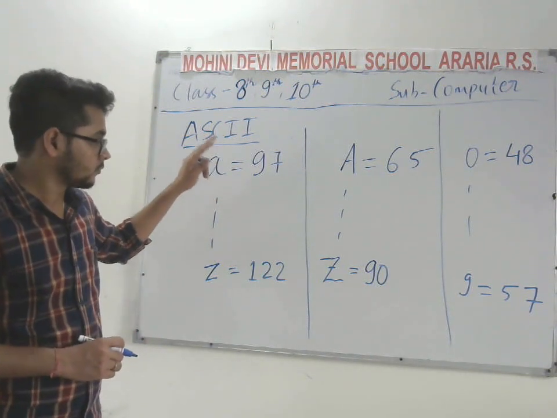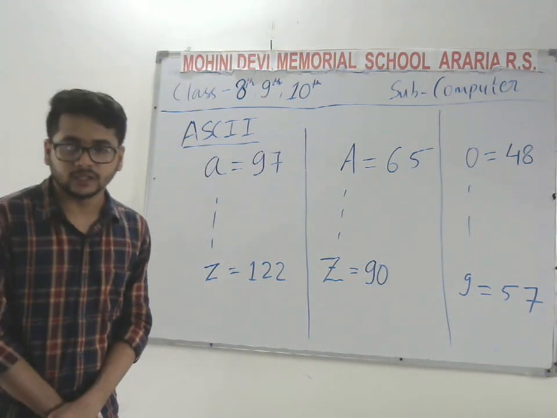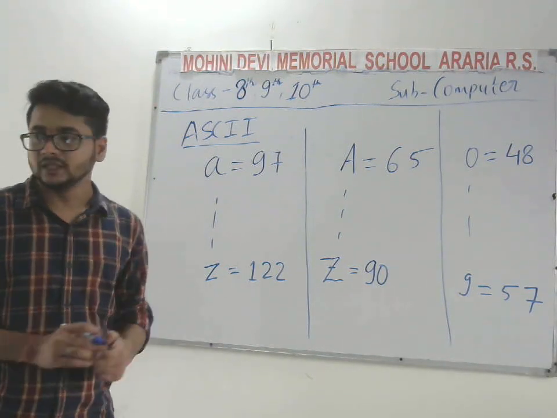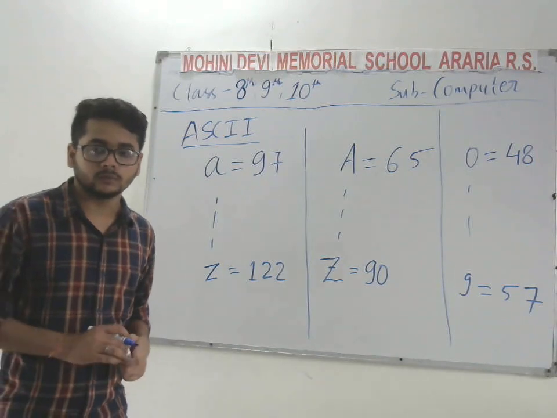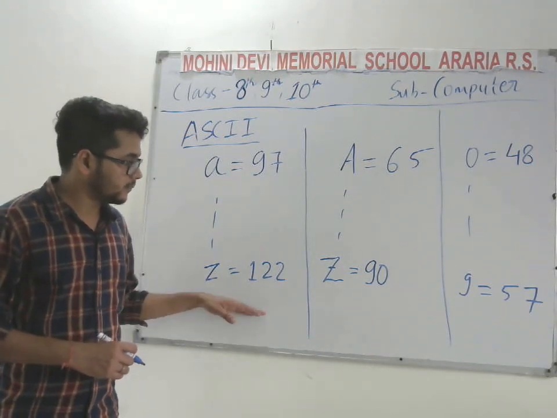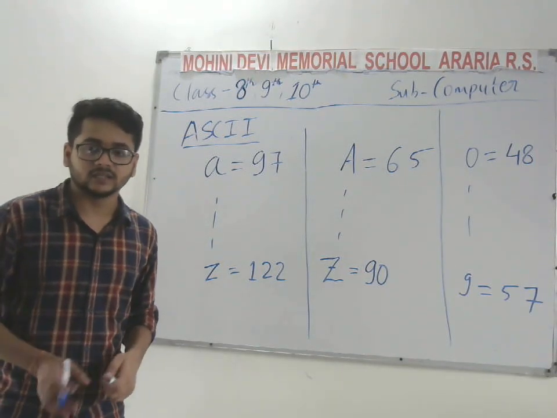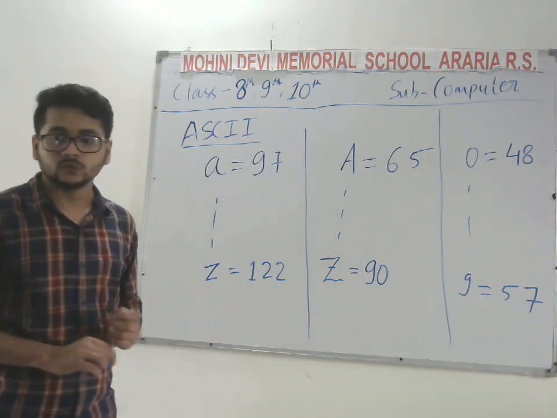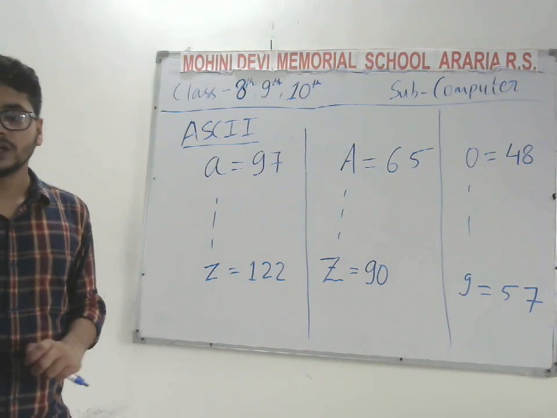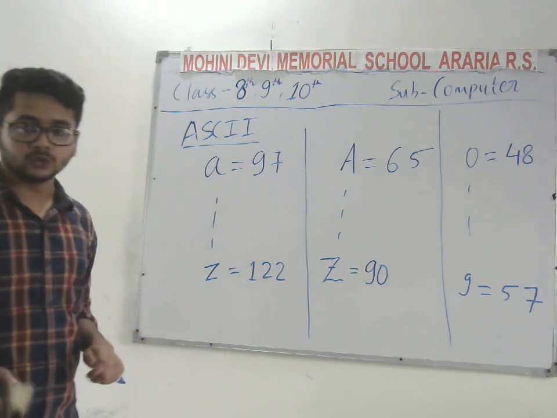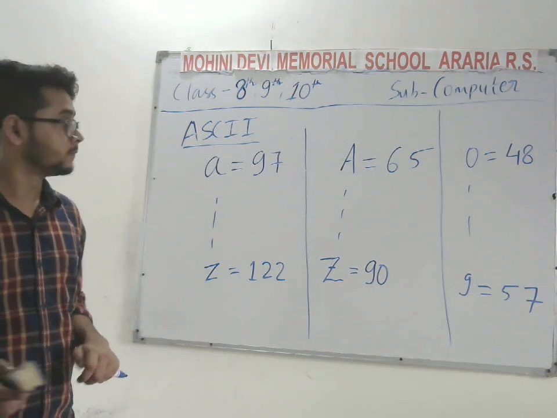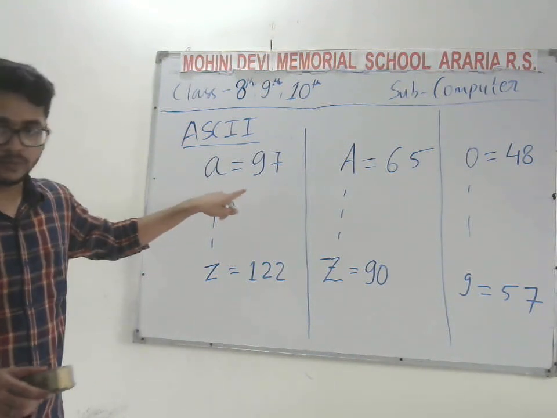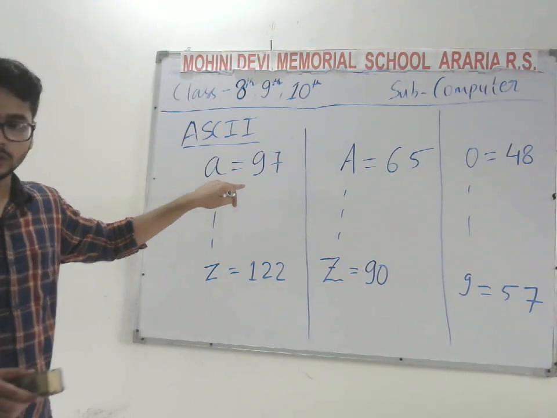So these are the ASCII representation in which we use 8 different wires or 8 different bits, and we represent all the numbers and all the alphabets and all the special characters that is required. So let's move on to the different concept, and let me show you the 8 different bits. Okay, for one number, let's say for 97.